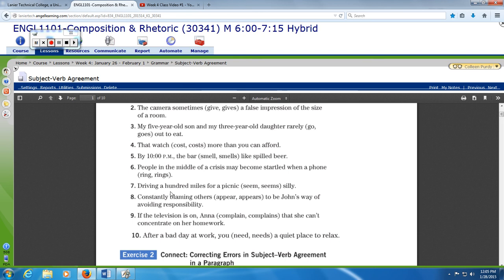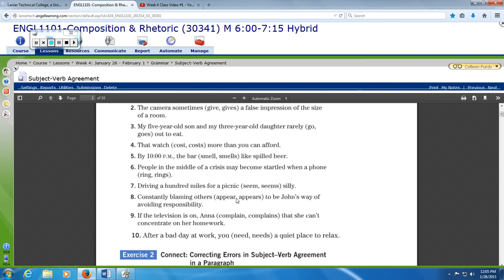So this is acting like a noun phrase. Driving 100 miles. Okay? That is the subject of the sentence. This gerund phrase is the subject. Now, for a picnic is a prepositional phrase, so get rid of it. Driving 100 miles, singular subject, takes a singular verb. Seems silly.